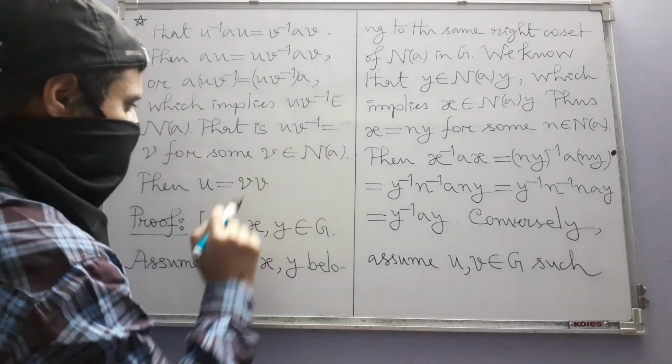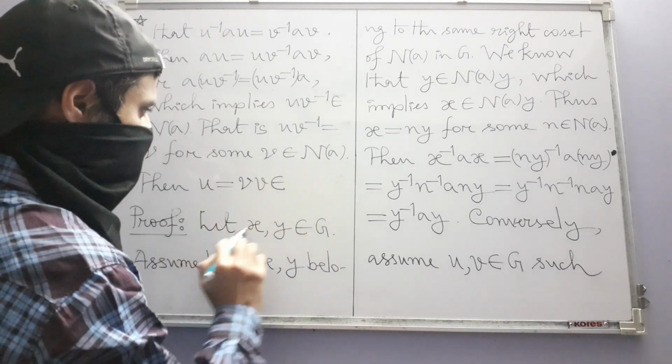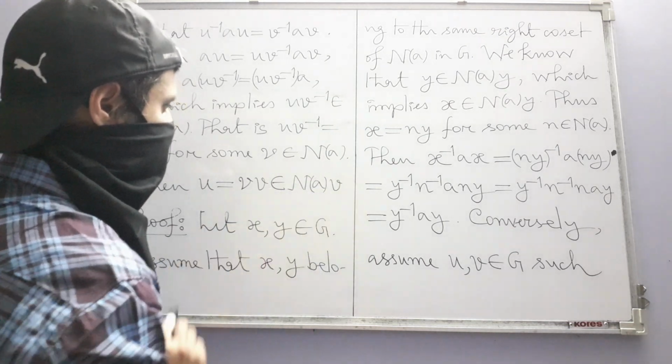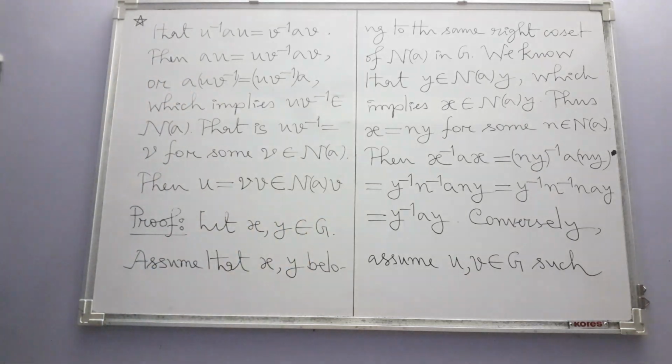Now because nu belongs to N(A), this element belongs to the right coset N(A)v of N(A) in G.